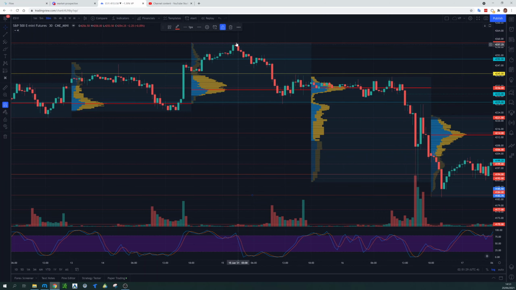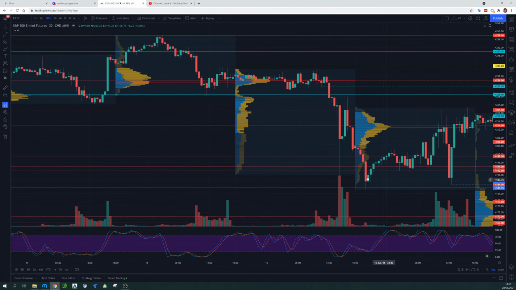We talk about poor high, poor low, single print, and one time framing. If each next high is below the previous high, it is one time framing down. For one time framing down to end, we need the price to get 3 ticks above the previous high. So if it's one time framing up, let's find some case.